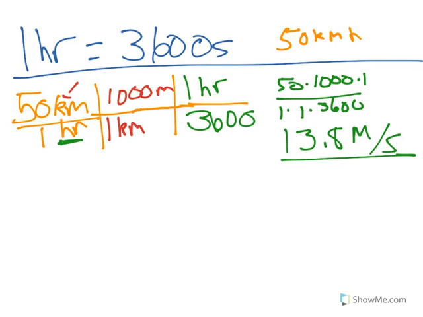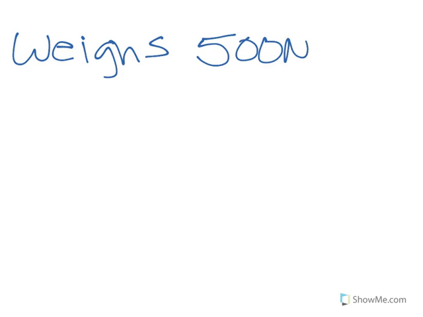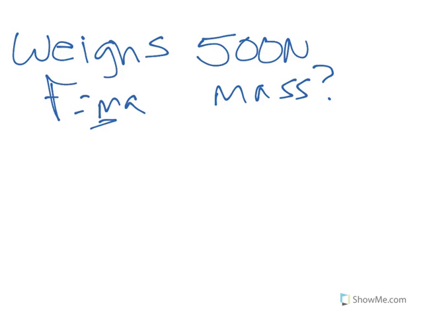On a final note about conversions, let's say in the problem it says something weighs 500 newtons. If you need to find the mass of that object, for instance if you need to do F equals ma and you need the mass, or if it just says, what is the mass? You have to remember that weight is equal to the force of gravity. This is only true if it's on Earth.